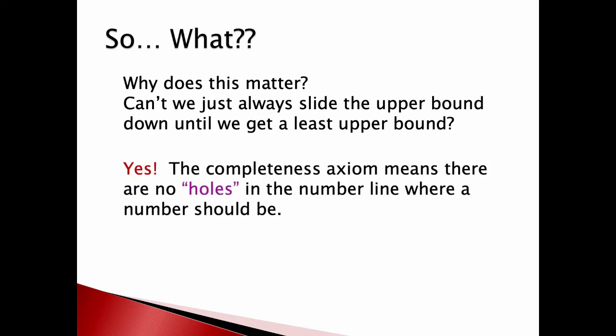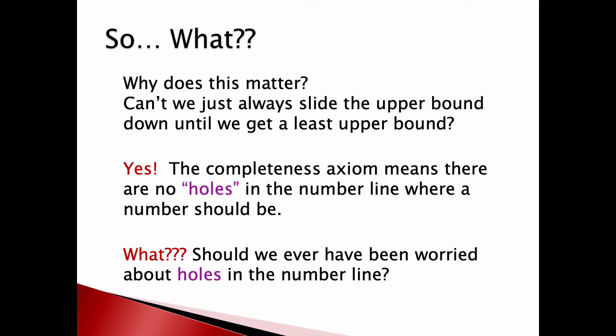Well, yeah, that's the point. We can just take that green upper bound that we saw in the picture a second ago, slide it down until it hits the interval, and voila. Every set with an upper bound would then have a least upper bound.